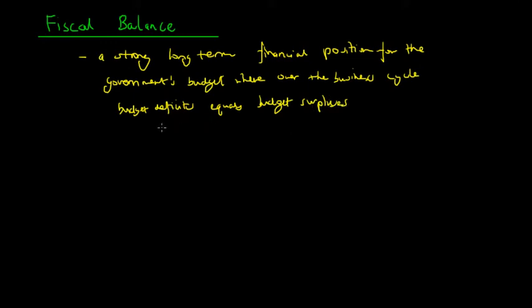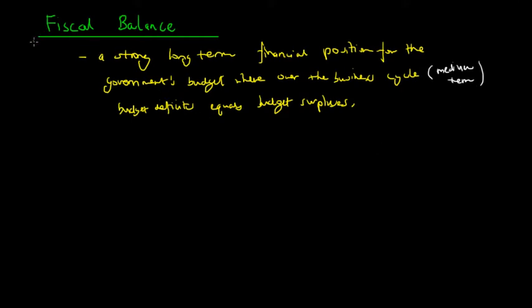So this means that the budget surpluses over the course of the business cycle pay off all budget deficits that the government implemented throughout the same medium term. And the business cycle is in the medium term, around 7 to 10 years usually.